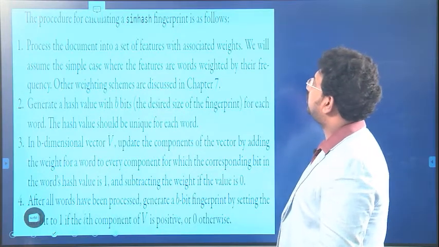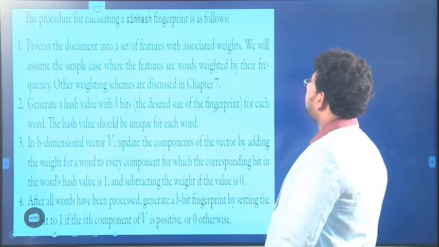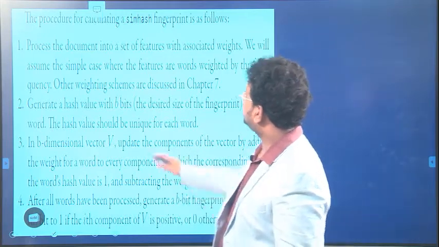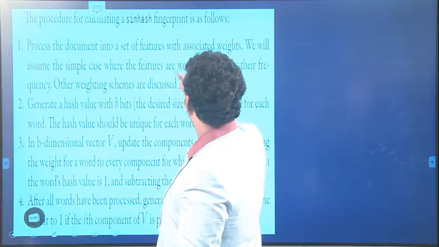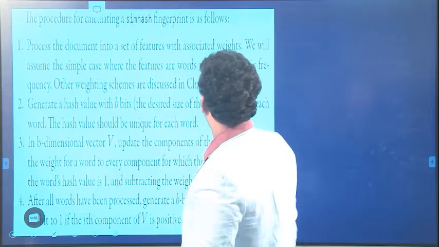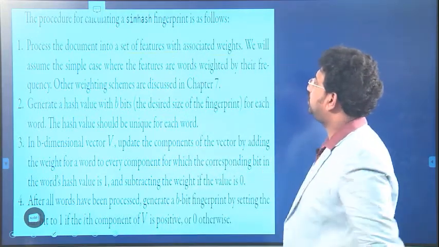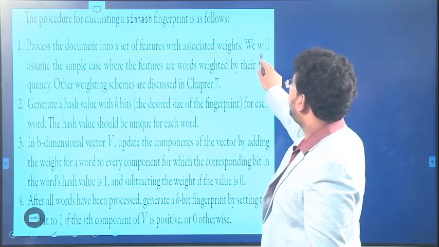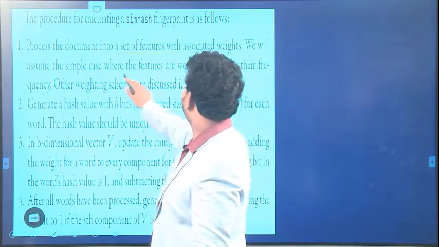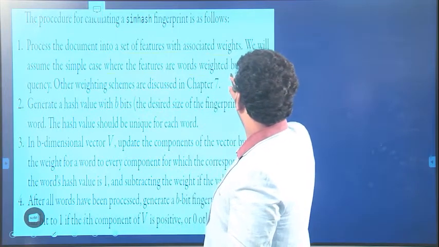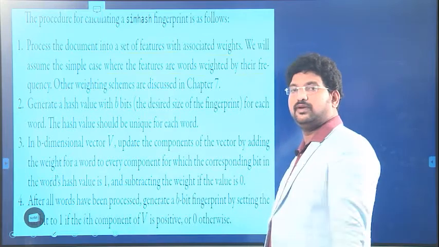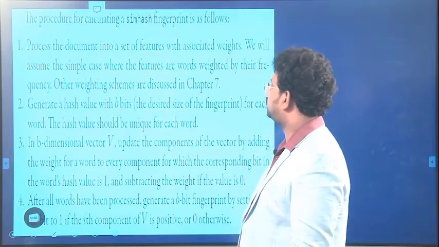The procedure for calculating the simhash fingerprints is as follows. The process includes: process the document into a set of features with associated weights. We will assume the simple case where the features are words weighted by their frequency. So according to the frequency of the words you are going to weight.